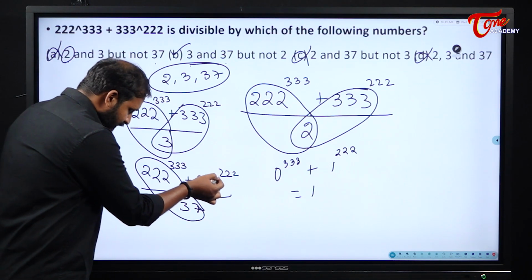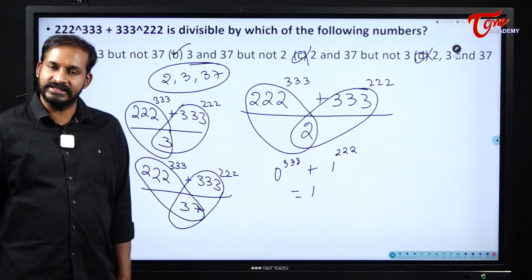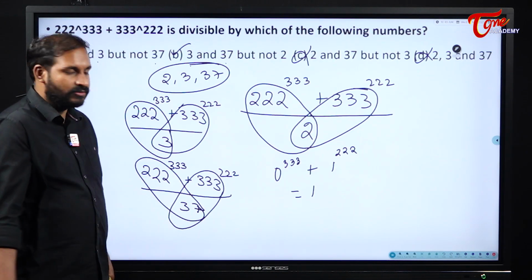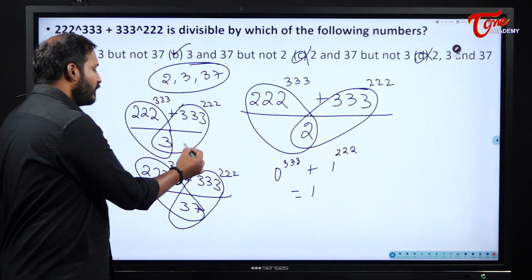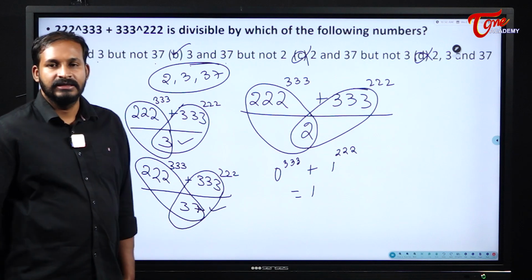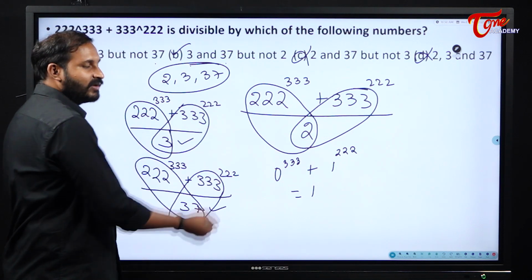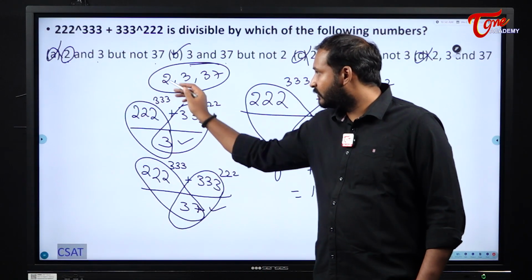Next, 37 with what can we multiply? 37 times 9 is 333. Here also you will get 0. So 0 plus 0 is 0. That means the given number is divisible by both 3 and 37, and so we can write our answer as option B.